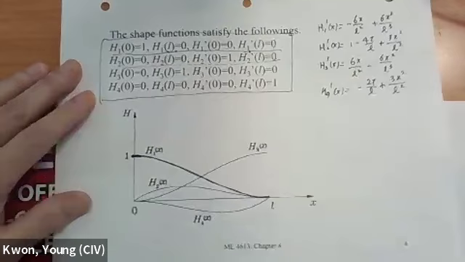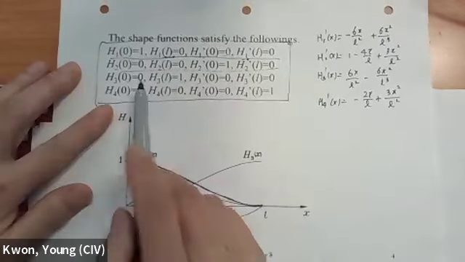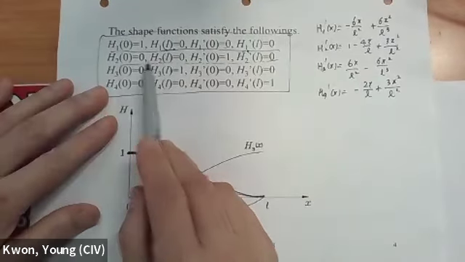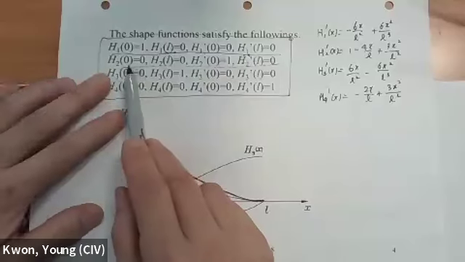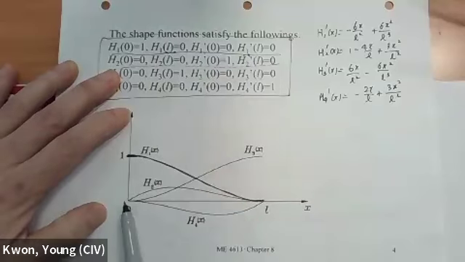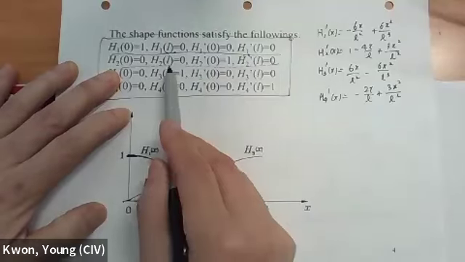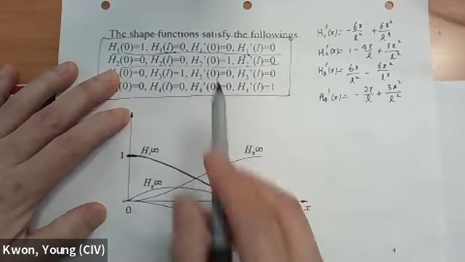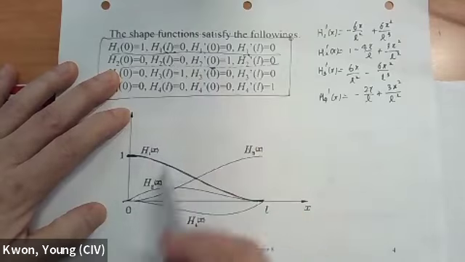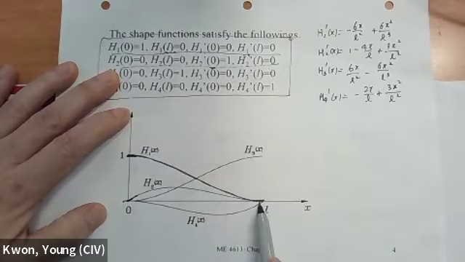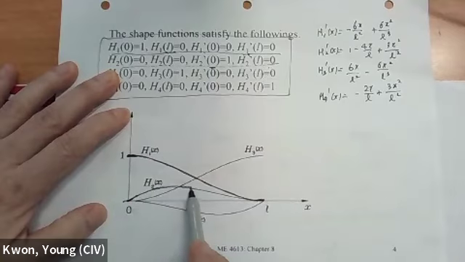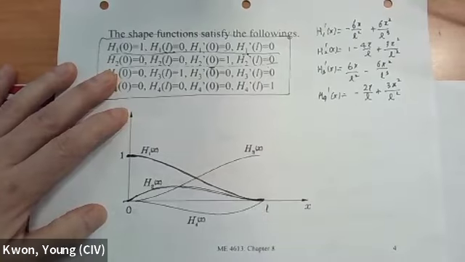And then H2 is associated with the slope. At x equals 0 the value is 0, at x equals L the value is 0. But the slope at 0 is going to be 1, and here the slope is 0. So you got 1 slope, and then 0 slope, 0 value. That's H2.